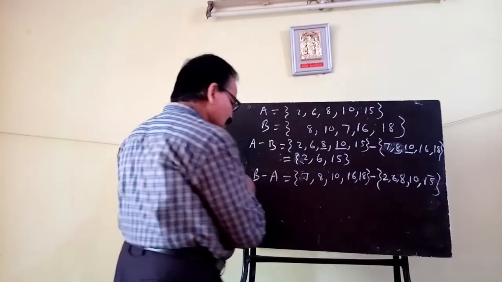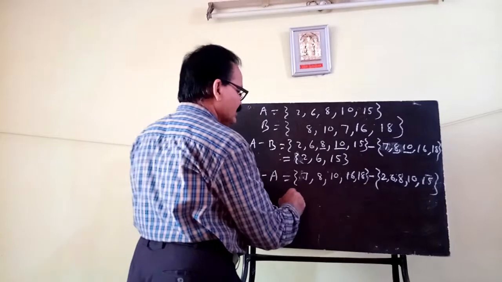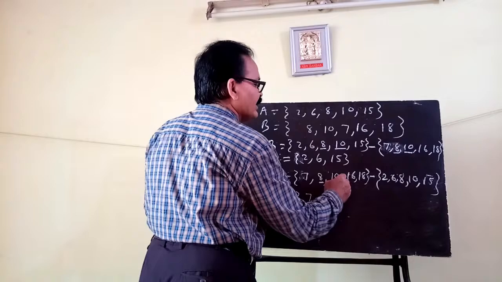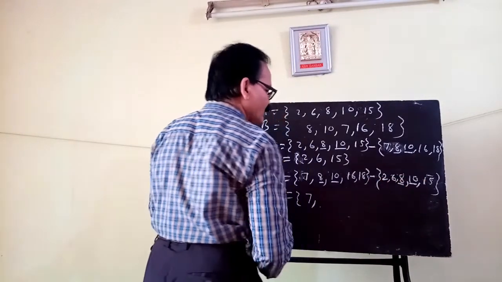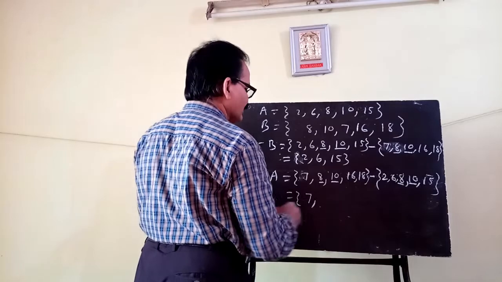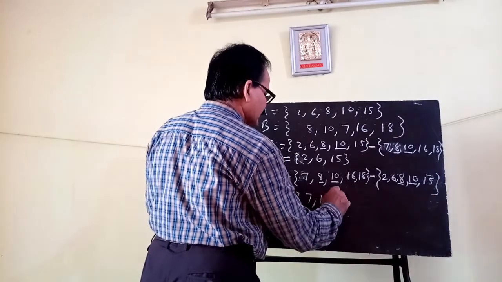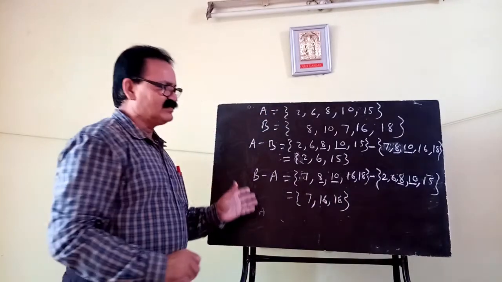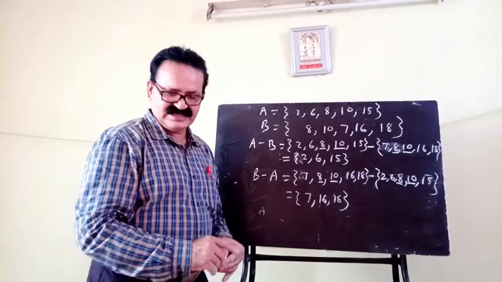Now you have to write only the remaining elements of set B. Here you see 8 and 10 are common between both sets, so you write only the remaining elements, that is 7, 16 and 18. That is the difference between the two sets. Clear?